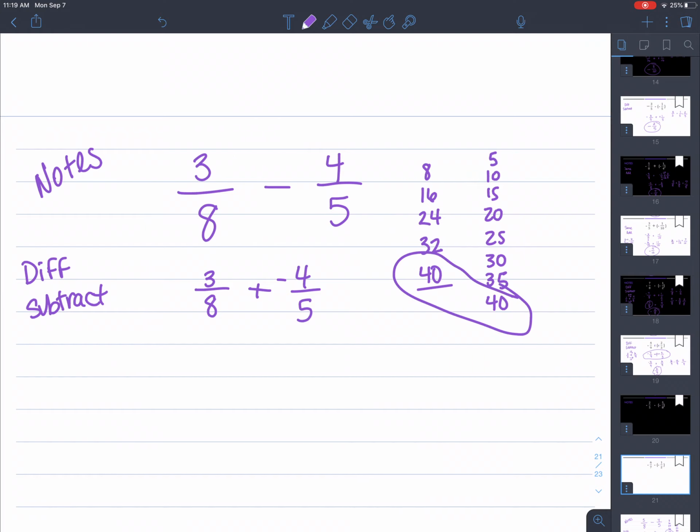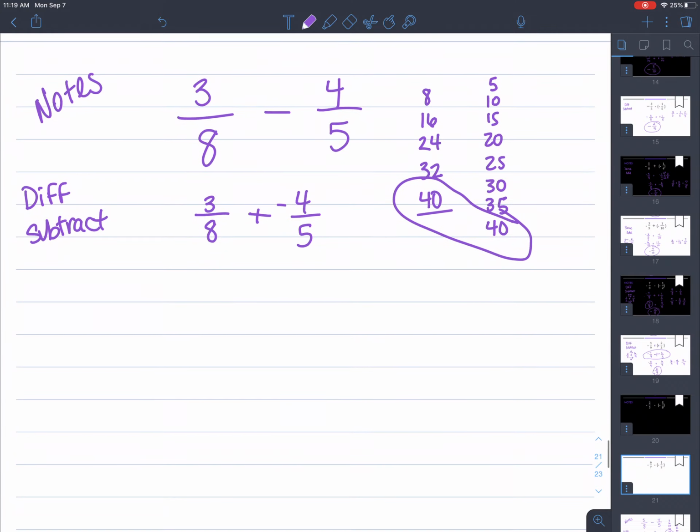This is a little bit more work. I'm going to have to take both of these and turn them into 40ths. I'm going to take 3/8 and turn it into 40ths. 8 times 5 equals 40, so I have to do that on top as well. That means 3/8 is the same as 15/40ths.